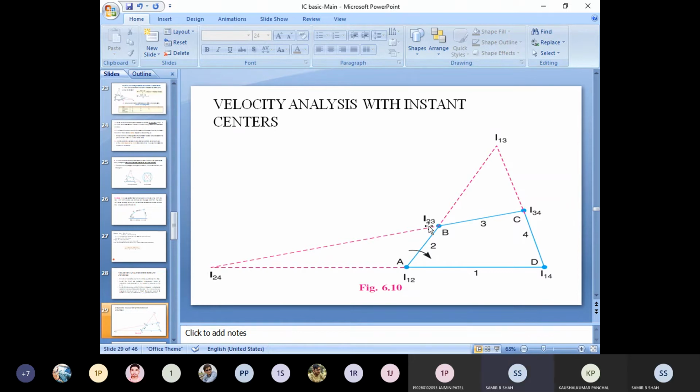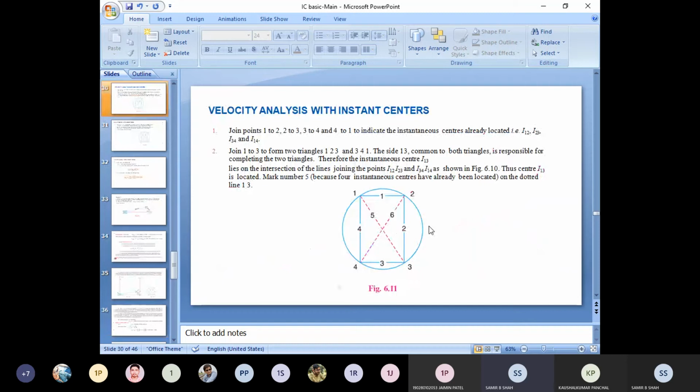How that is done, I discuss now. Mark 4 points as we discussed earlier regarding the steps of how to draw the circle. As per the number of links, we have to locate the points on the circle. So mark 4 points, 1, 2, 3, and 4 on the circle. You can see the figure. I just draw one circle and mark points 1, 2, 3, 4.